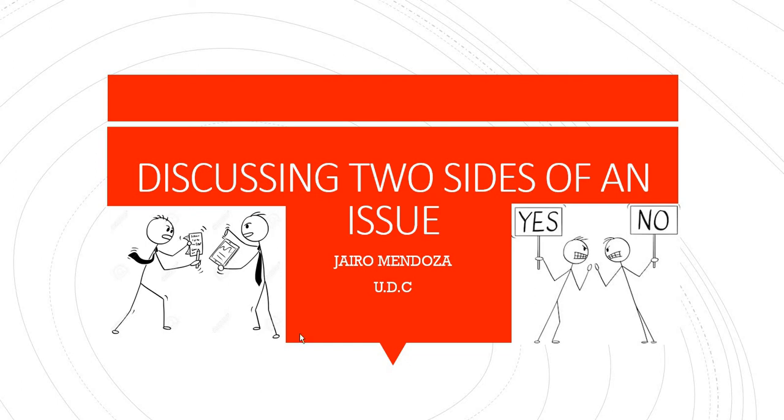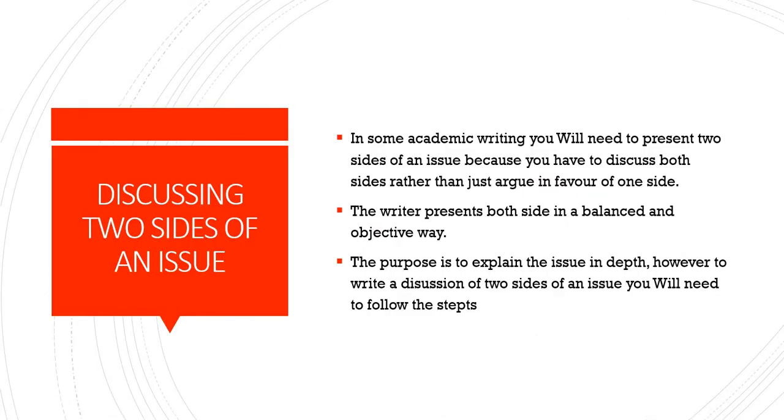Okay, hello everyone. Today we're going to study some tips for writing your essay or a test when you have two sides of an issue. It happens that in some moments you need to decide what to present or what to say to the reader.